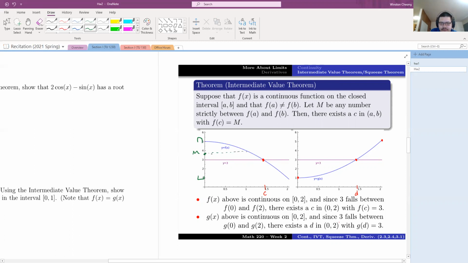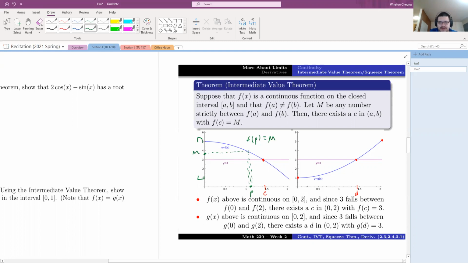Normally what we do is we draw across, and we draw down like this, making it look more straight. So this ends up being the special value that we can plug into the function. So we are able to find such a point P that when we plug it into the function at P, we'll get back the value M that we were looking for.